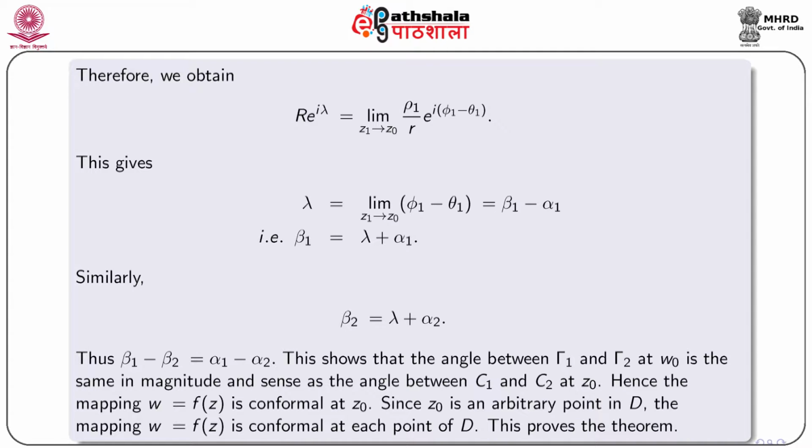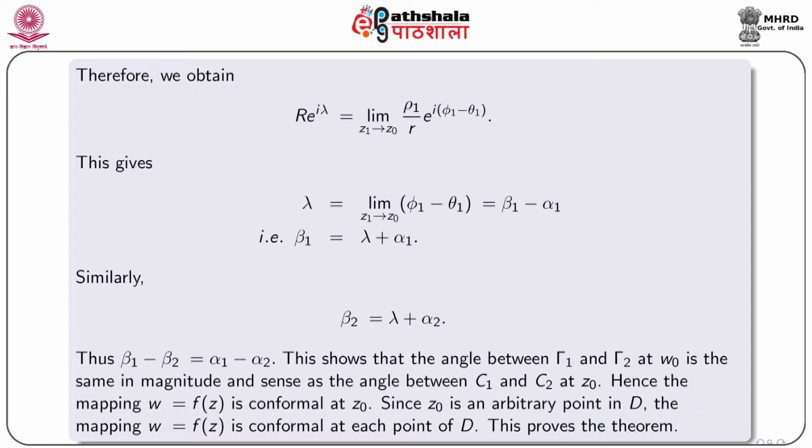So, from this we obtain r e to the power i lambda equal to limit z1 tends to z0 of rho 1 by r e to the power i (phi 1 minus theta 1), which gives lambda equal to limit z1 tends to z0 of phi 1 minus theta 1, that is equal to beta 1 minus alpha 1, that is beta 1 equal to lambda plus alpha 1. Similarly we can obtain beta 2 equal to lambda plus alpha 2.